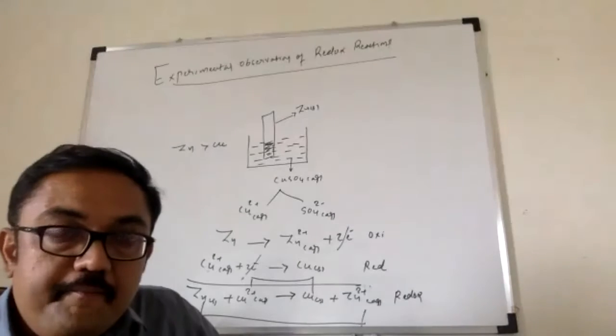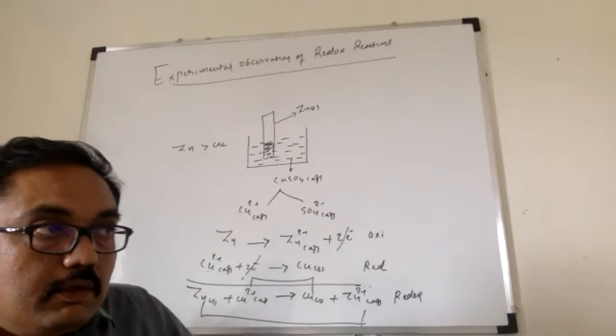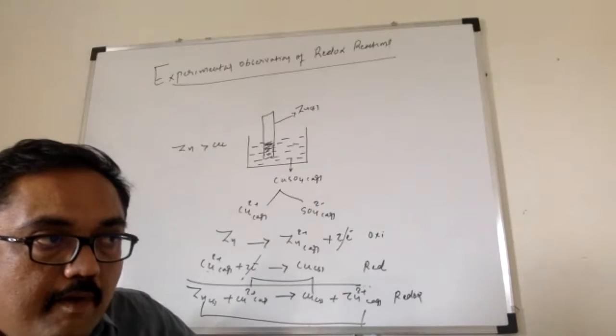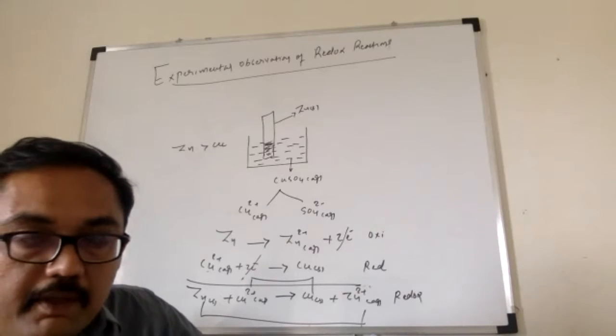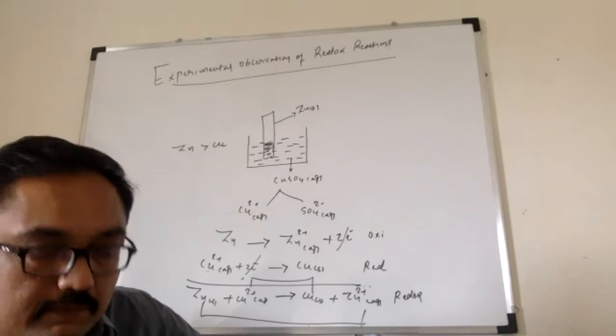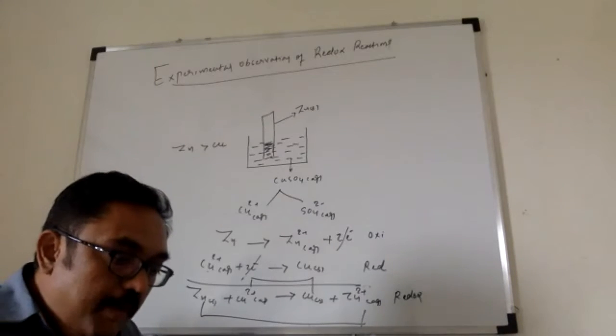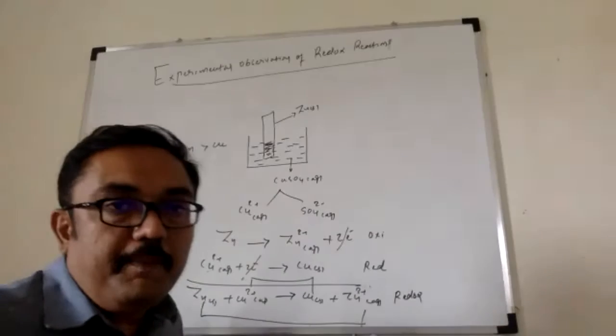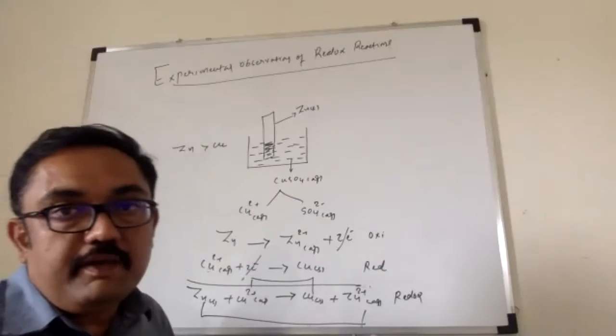The question is, copper is more reactive than silver. So copper can displace the silver ion.